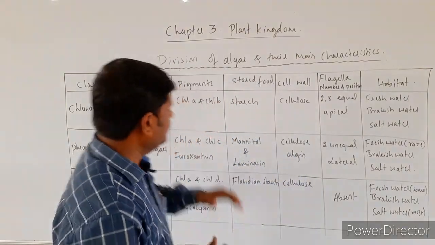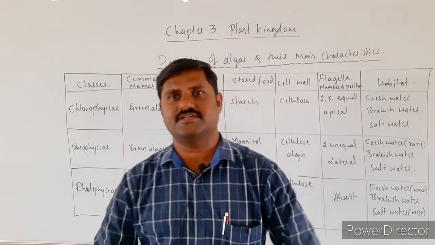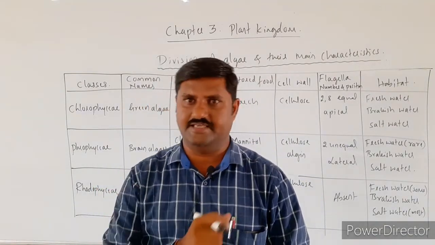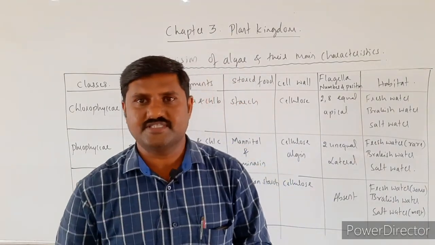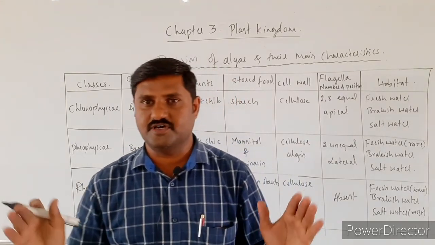So this is how this table would help us to remember all the characteristic features of the different classes of algae, and this comparative study would help us a lot to understand the characteristic features of different groups of algae.